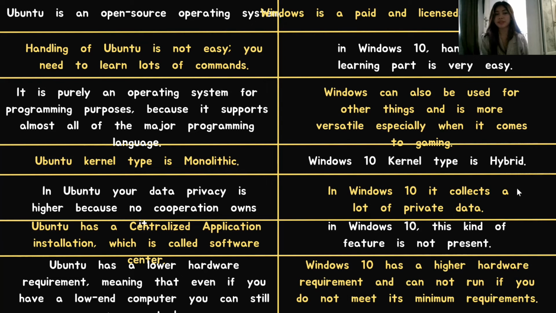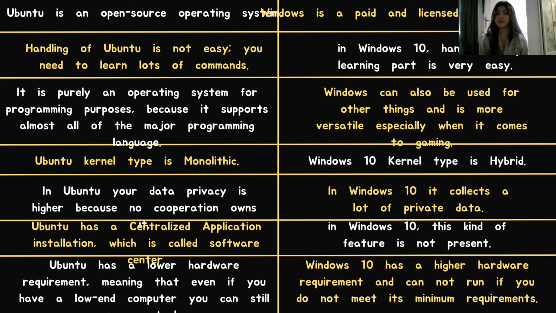In Ubuntu, your data privacy is higher because no corporation owns it. Windows 10 collects a lot of private data. Ubuntu has centralized application installation, which is called Software Center. In Windows 10, this kind of feature is not present.